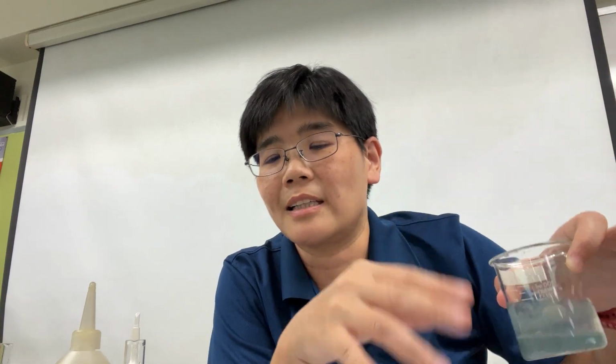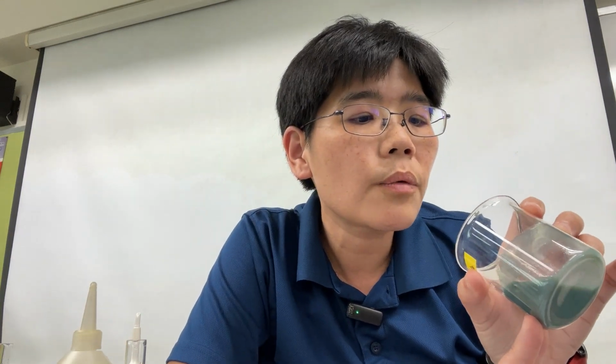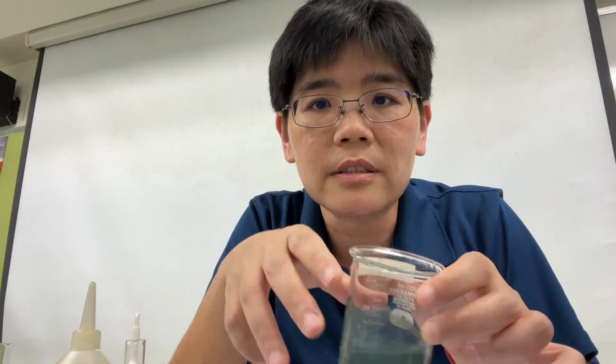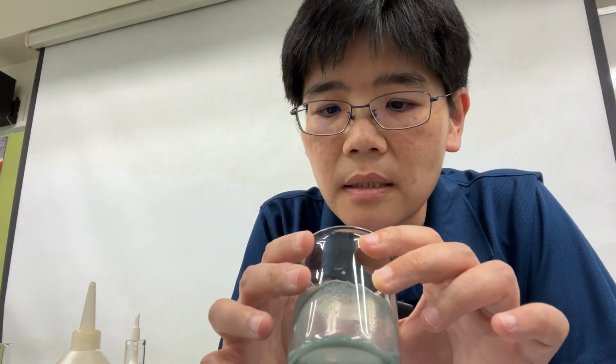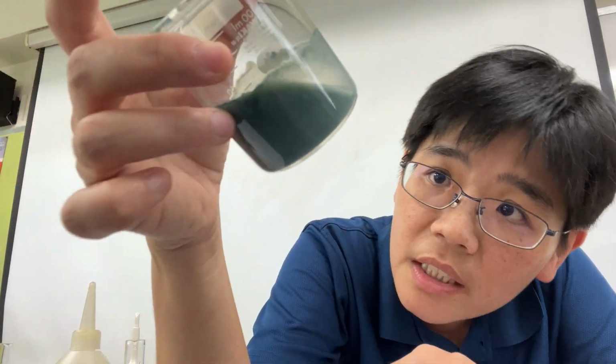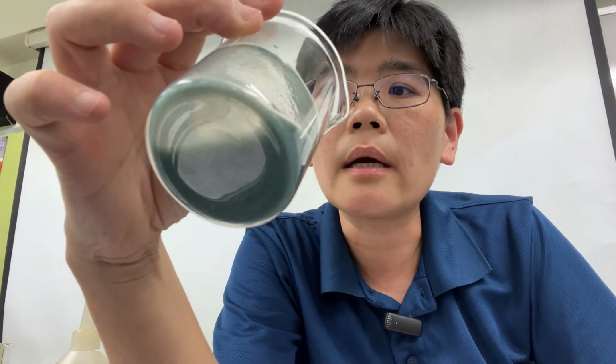What we want to focus on is the color. I would say this is green, and there are a little bit of specks of white inside the mixture. So I will call this a green and white precipitate. The colorless solution forms a green and white precipitate.